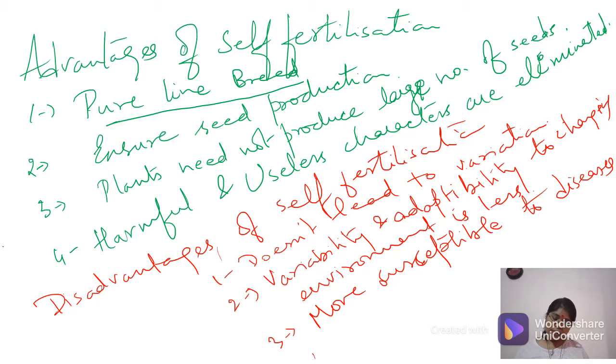And the fourth thing is that they lose the capacity of fertilization, so they become less fertile. That is what we call losing their hybrid vigor. The correct term you can use is reduction in vigor and vitality.